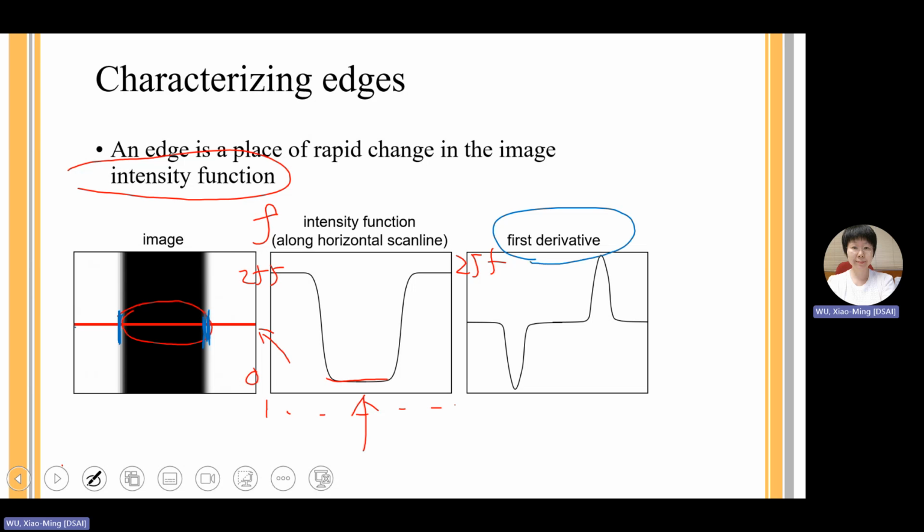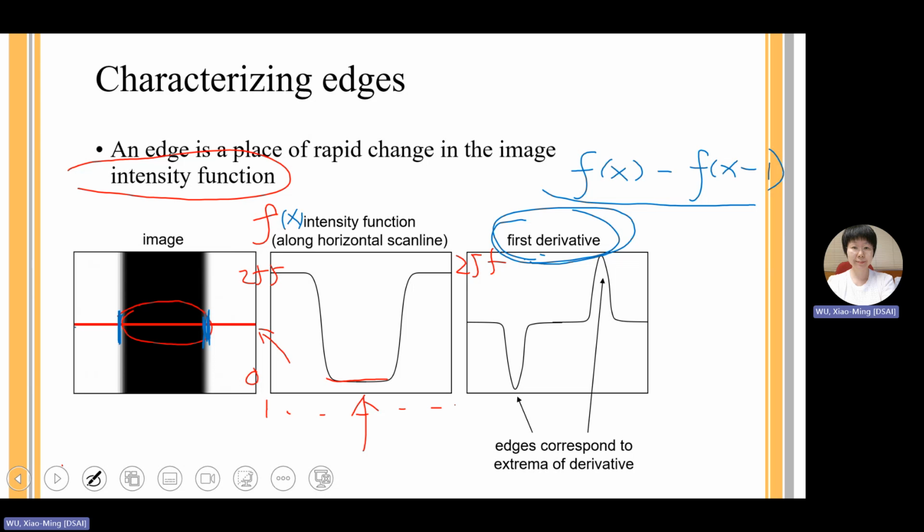The first derivative mathematically is just the difference between neighboring pixels. If this is a function f(x), the first derivative is just f(x) minus f(x minus 1), or you can define first derivatives in other similar forms.